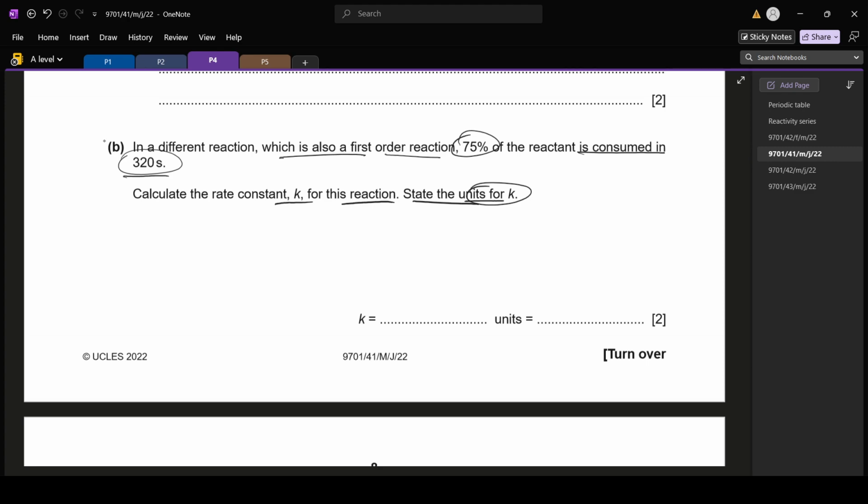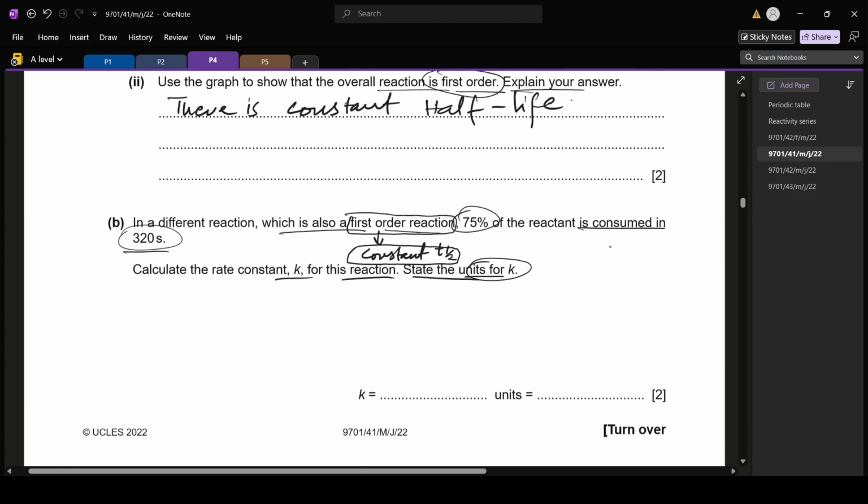Now this was a little tricky, because it told you that the order of the reaction is first order, and this means that the half-life is going to be constant. Then 75% is consumed.